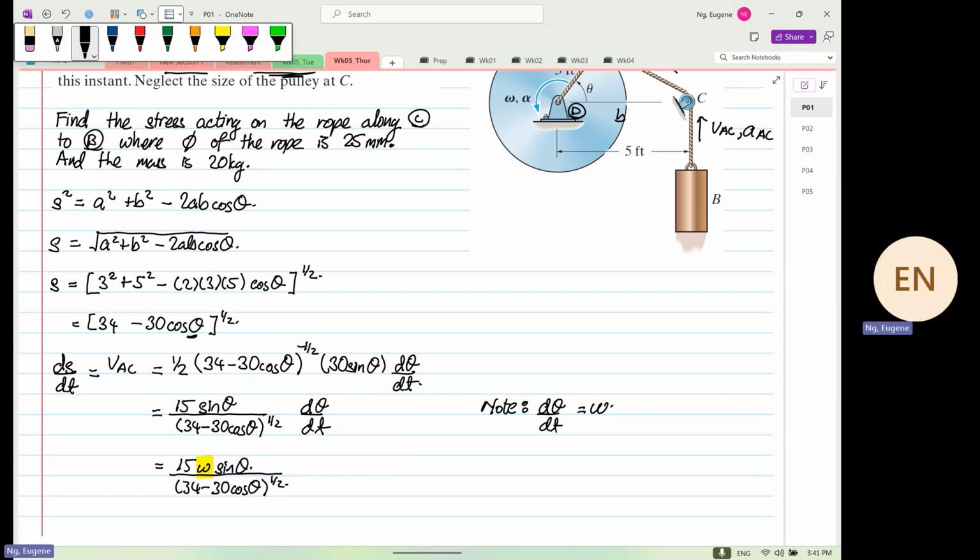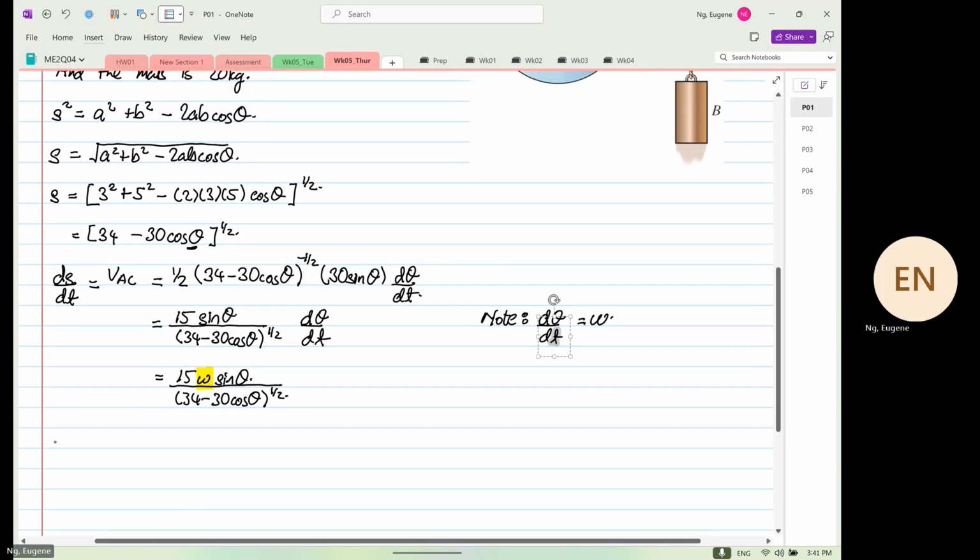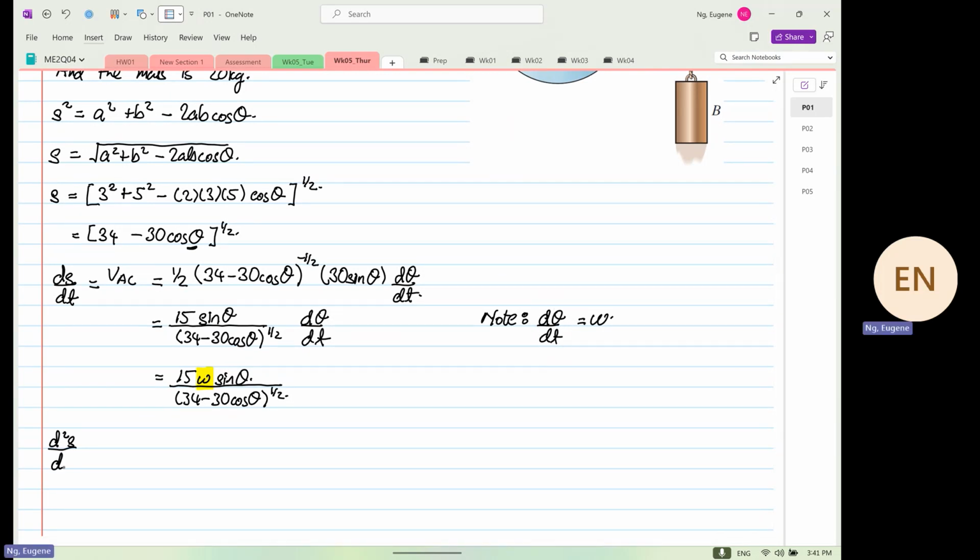Right. So from here, we need to do d squared s over dt squared. Okay. So next we do d over dt of this, which is in fact the acceleration of AC.